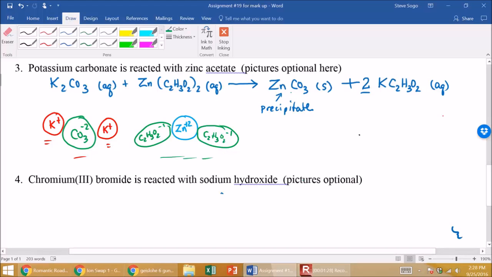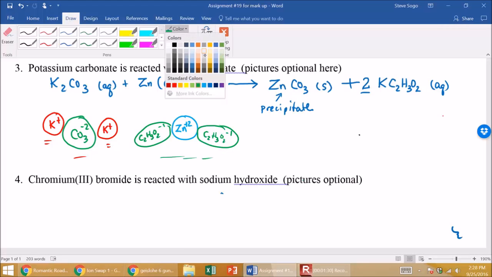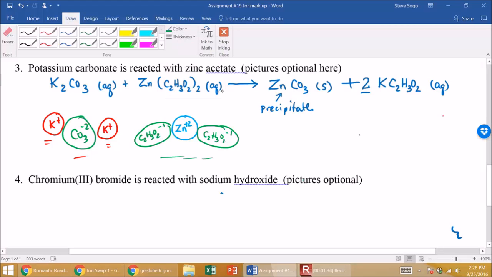On the other side, the zinc ion is +2. It will be attracted to this carbonate ion. If that attraction is strong, then they can form a precipitate. And you can see on your solubility chart that zinc carbonate is insoluble.